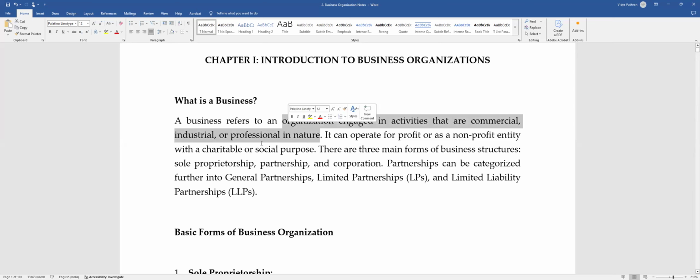So it could be professional, like a law firm or a professional CA, they also have a sort of business organization. It could be industrial, it could be commercial. These could be different natures, but these are the organizations engaged in activities that are either commercial, industrial, or professional in nature. So this is the general definition of business.